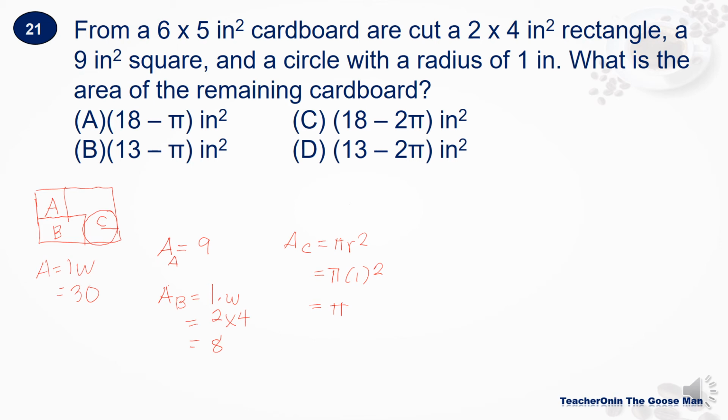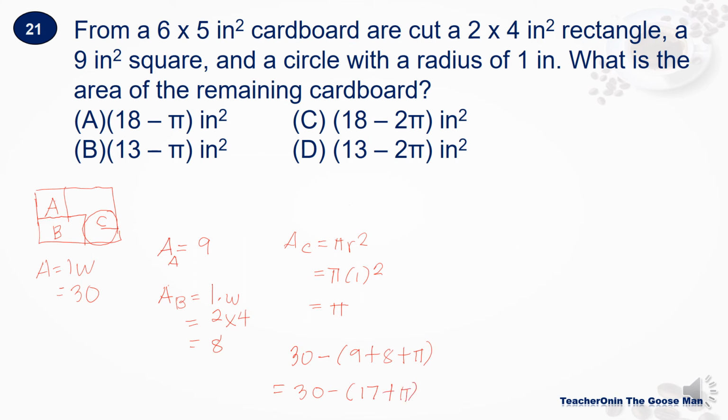Now, we want to find out the area of the remaining cardboard. So, ang gagawin natin, the total area, 30, minus the sum of 9 plus 8 plus pi. So, we have here 30 minus 17 plus pi.